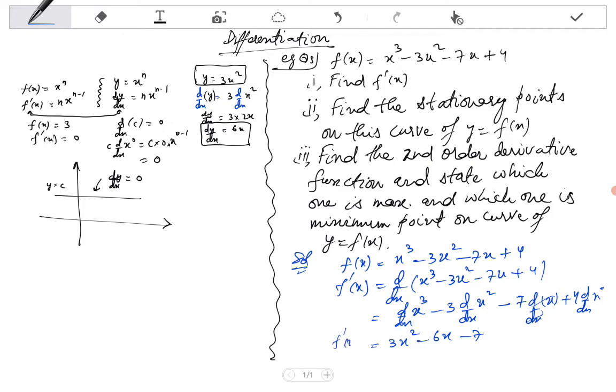So f dash of x is coming as a quadratic equation, you can see. For a cubic curve, like equation number 1, equation number 2, y equals x cube minus 3x square minus 7x plus 4, or f of x equals x cube minus 3x square minus 7x plus 4, it's a cubic equation, so its derivative is coming quadratic. In the previous example, I used a quadratic equation, and my derivative was coming as a linear function.